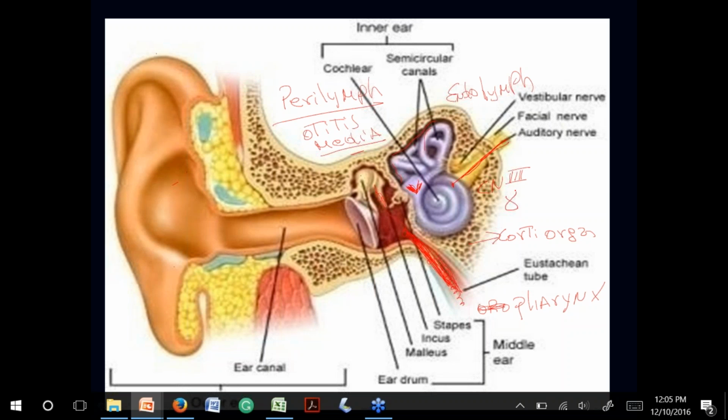You write 8, looks like an ear. And what is the name? Vestibulocochlear nerve. Simple to remember. All right, so let's keep going.